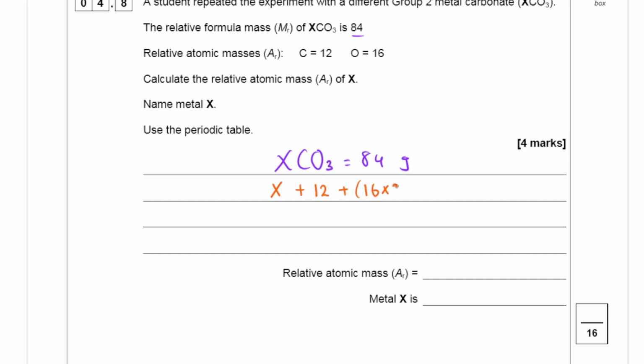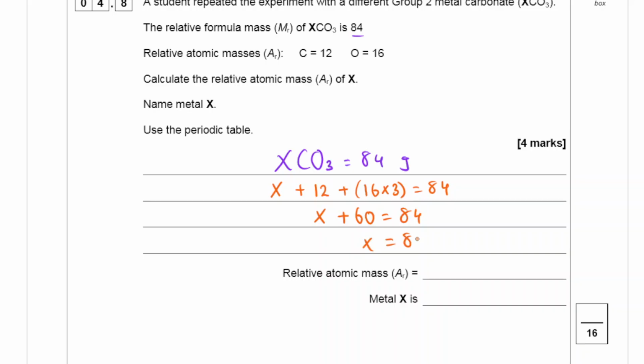Oxygen is 16, so 16 times 3 is 48, plus 12 is 60. So X plus 60 equals 84.